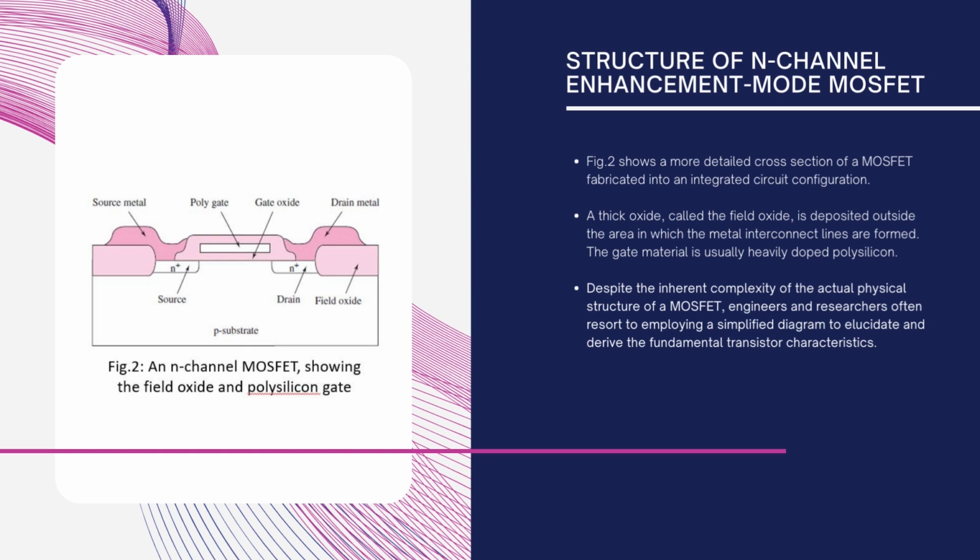Even though the actual structure of a MOSFET may be fairly complex, the simplified diagram may be used to develop the basic transistor characteristics. Despite the inherent complexity of the actual physical structure of a MOSFET, engineers and researchers often resort to a simplified diagram to educate and derive the fundamental transistor characteristics.